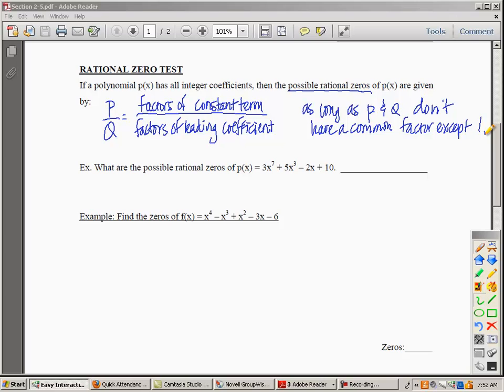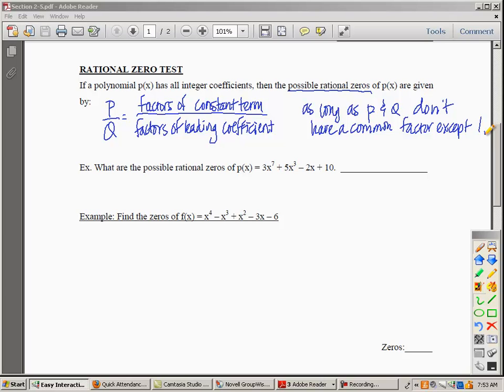Basically, as long as we don't have something else in common, like there's a 4 in front and a 4 as the constant, we want to make sure that there are different possibilities. What this is going to do then is give us these possible rational, fractional zeros.